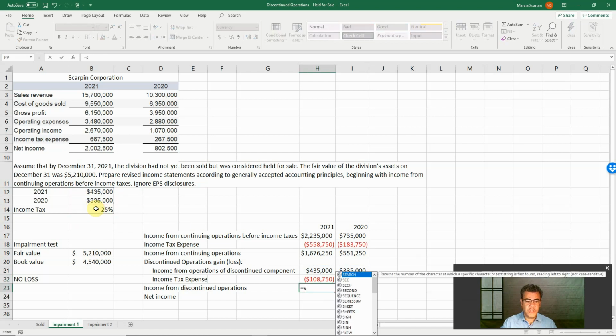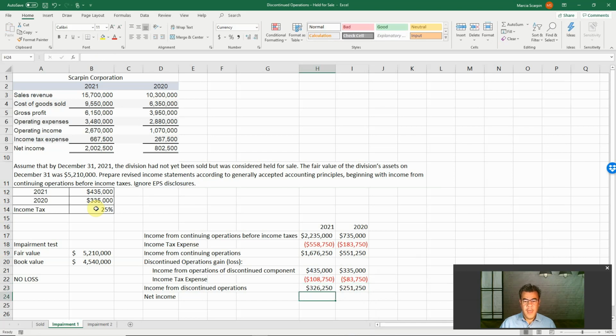Income from discontinued operation, we sum it. And net income, we combine continued and discontinued operation. So when we have held for sale and the fair value is greater than book value, we do nothing. We have no loss here.